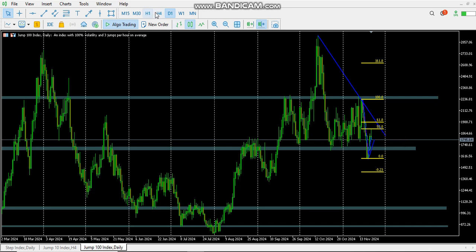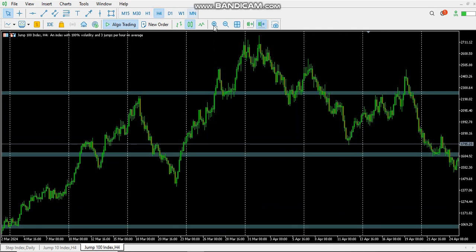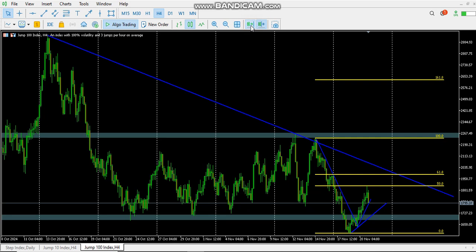So let's go to our 4 hour time frame to see if we can find any opportunity. Now I've been able to draw my trend line on the daily time frame, which has the first touch here, the second touch here, and probably this is our third touch.